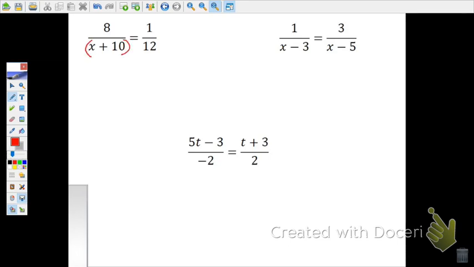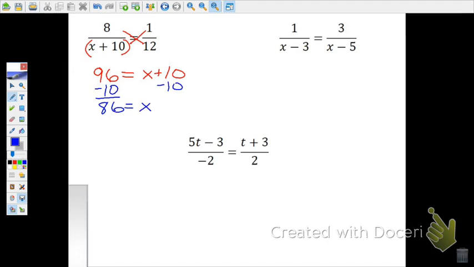Again, before I even start the problem, I'm going to group my x plus 10 together. So when I cross multiply, 8 times 12, 96 equals 1 times x plus 10, which is just x plus 10. I want the x by itself, so I subtract 10 from both sides and get 86.